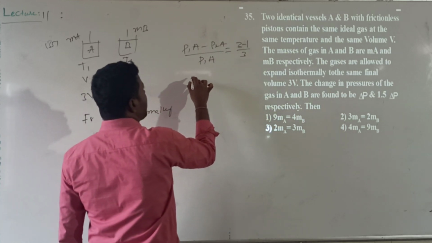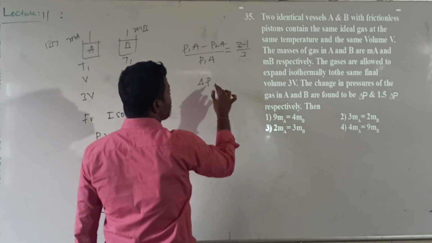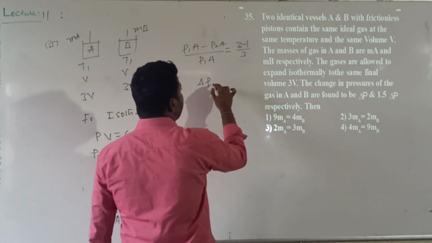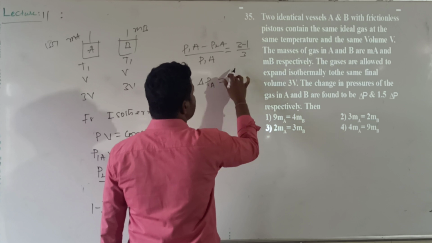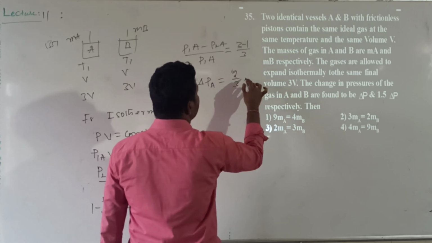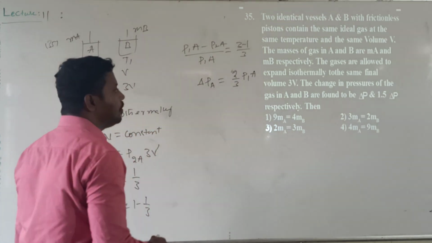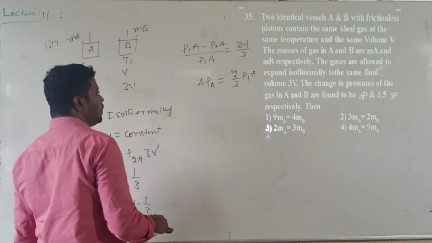P1A minus P2A is delta P. So delta P_A is equal to 2 by 3 into P1A. Can I write that?